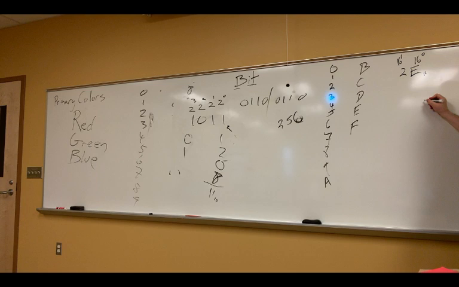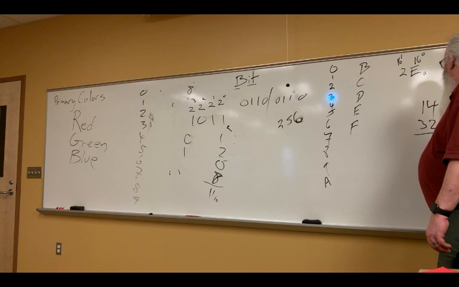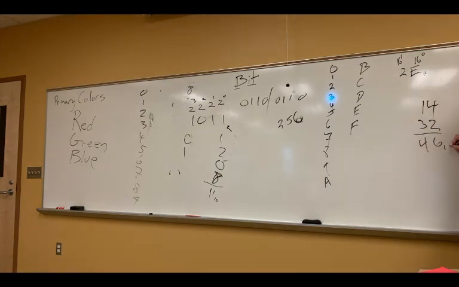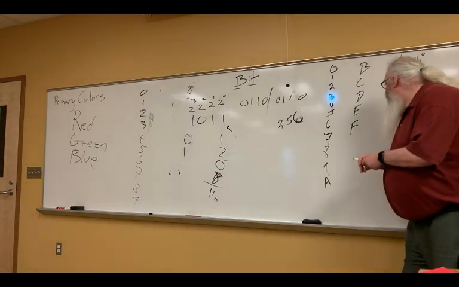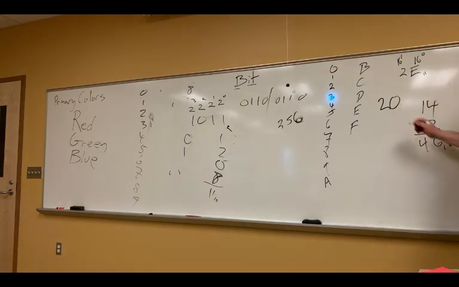So that's 1 times 14 is 14. Anything to the first power is itself. 16 times 2 is 32. And if we add those up together, we get 46 in base 10 is equivalent to 2E in base 16. And notice how we say that. We say 2E. If it was a 0, we wouldn't say 20 in base 10, we'd say 20 in base 16.